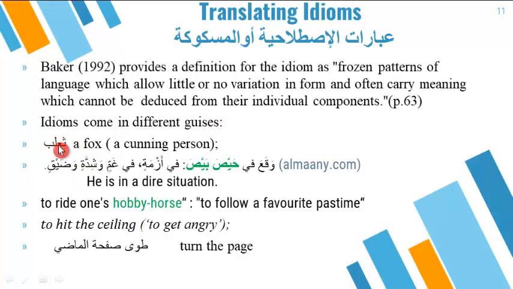You say that person is a fox. You mean he's a cunning person. Let's go to a sentence. طوى صفحة الماضي. It means turned the page. He used to do something and then he stopped and then he wants to change the way he or she does things.